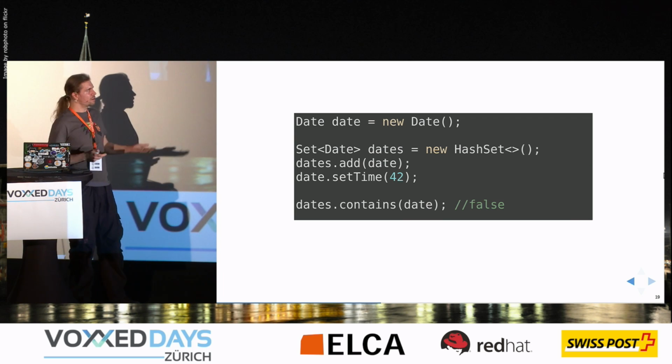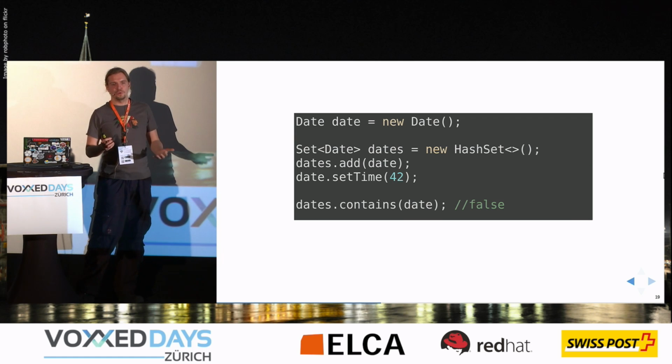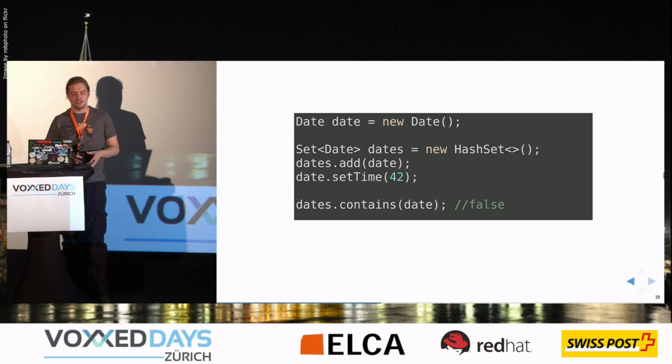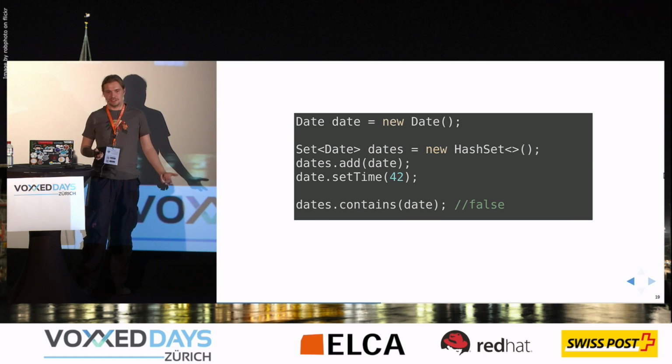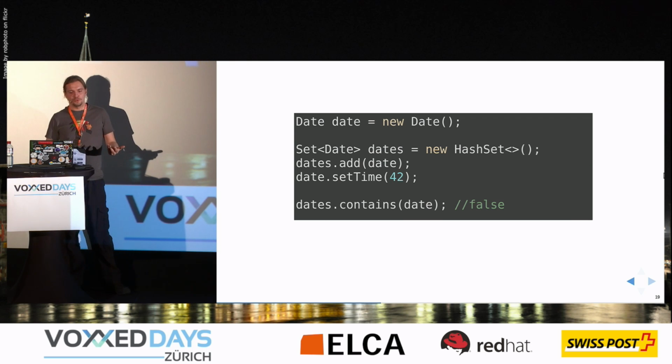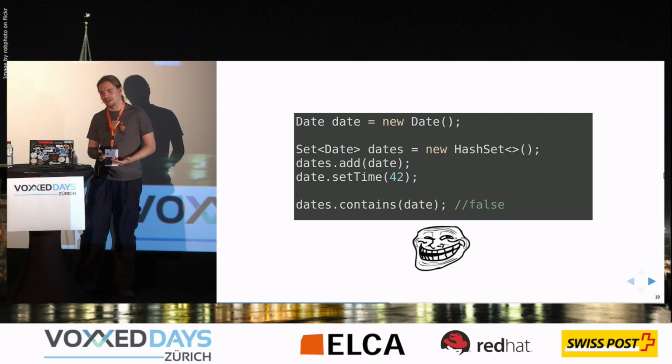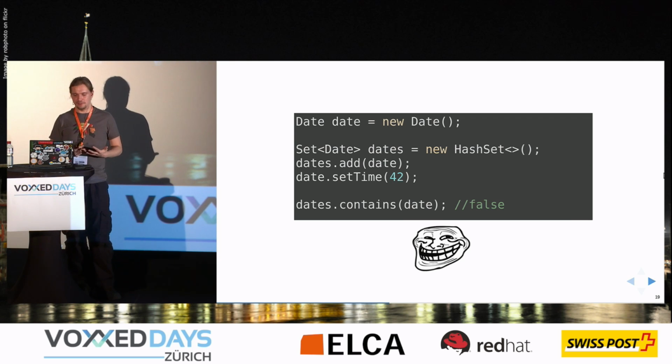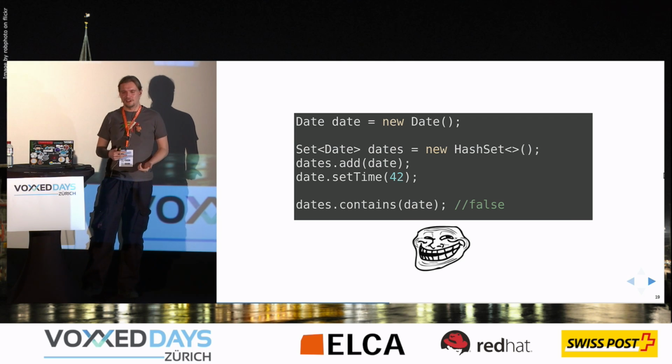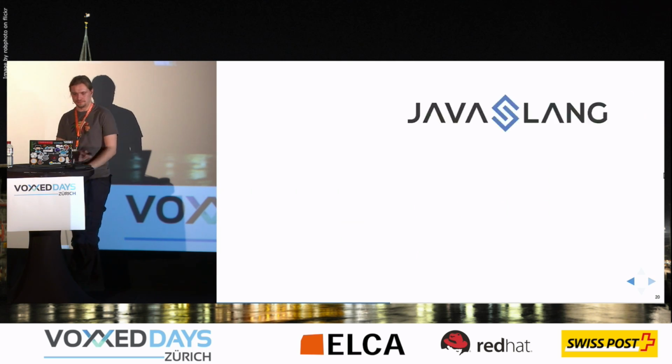For example, this is a very common problem: if you have a set and you put some objects in there, and then you modify this object outside the set, we lose the identity of it. And good luck with debugging this, okay? Because about such stuff we might not be thinking consciously all the time when we are coding.